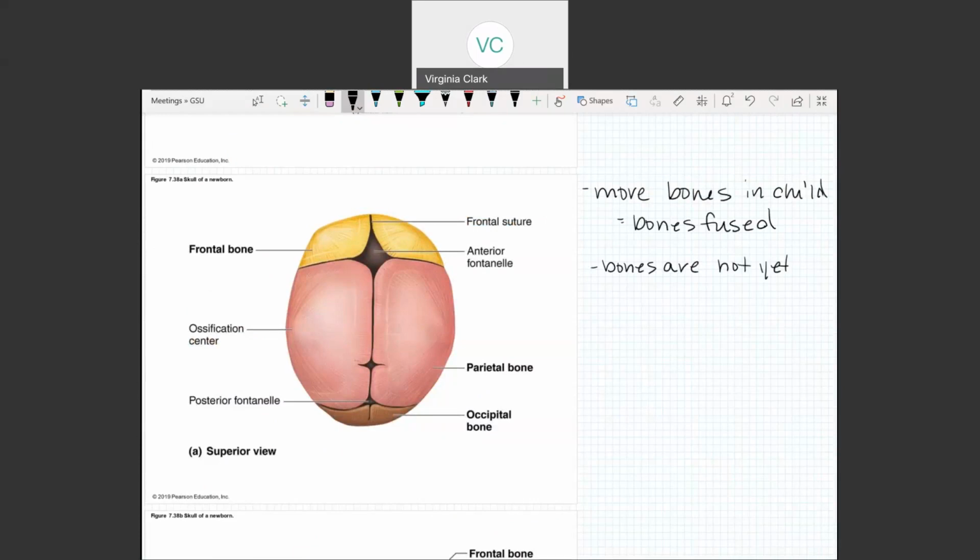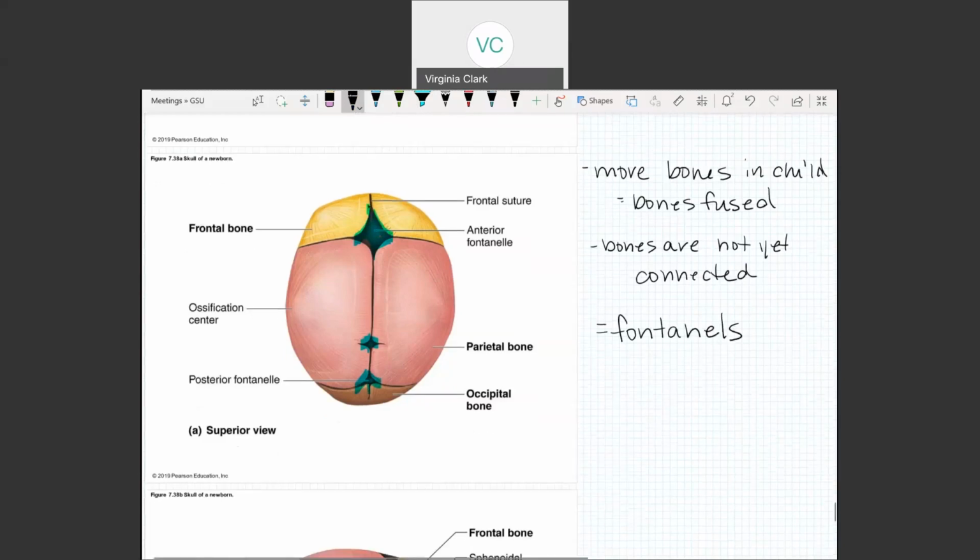These are going to be soft spots on the baby's skull. These bones right here should be all the way connected, but there's space between them. There's space here and space here. These connections where they're not put together are called fontanelles, the soft spots on the baby's skull.